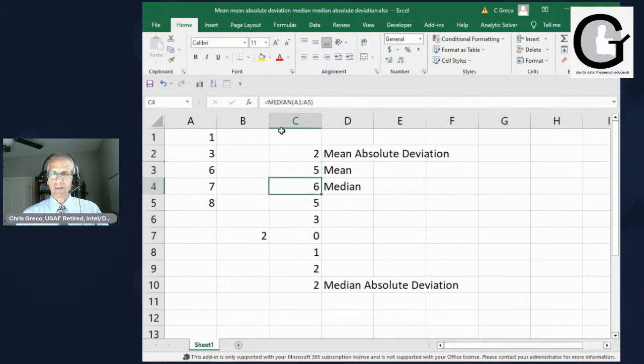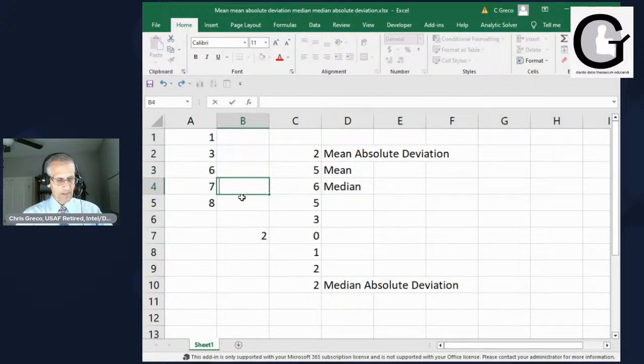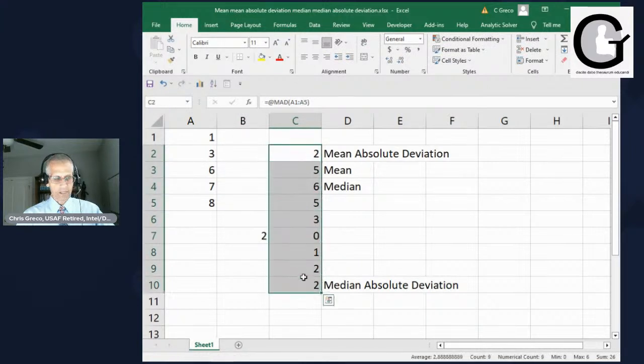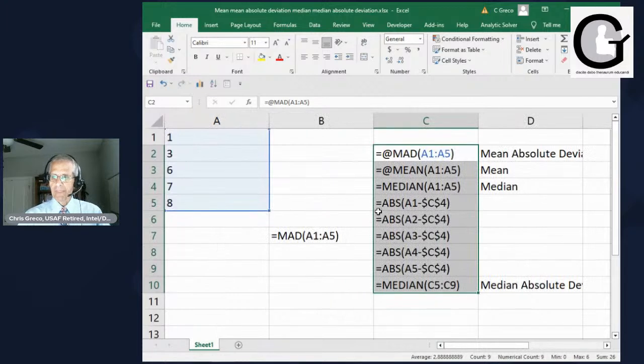So median here is the same thing. A1 to A5. So let's see if I can do this. I think if I do it this way, I can actually, yeah.